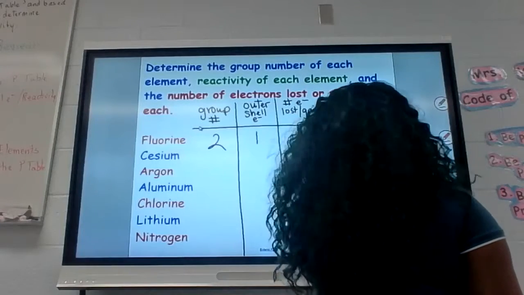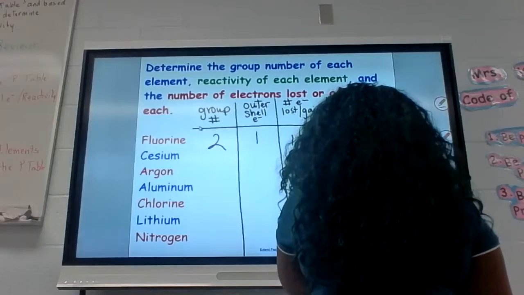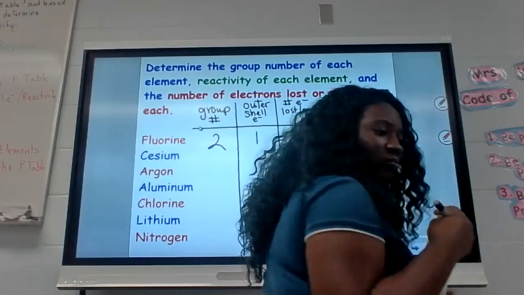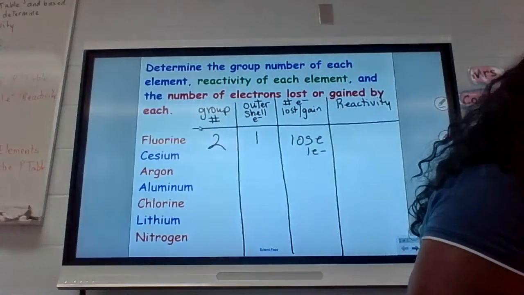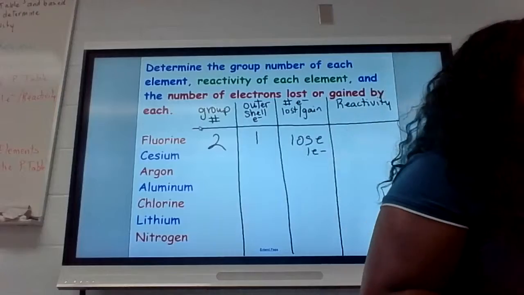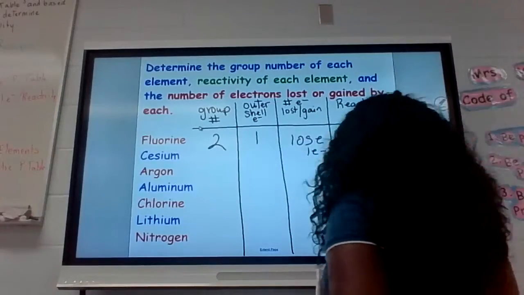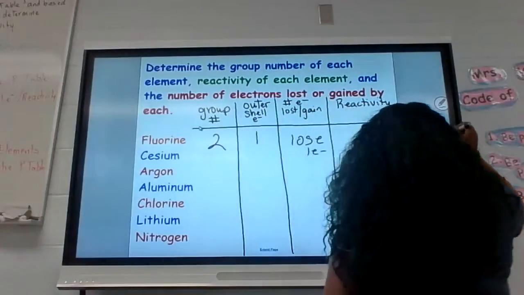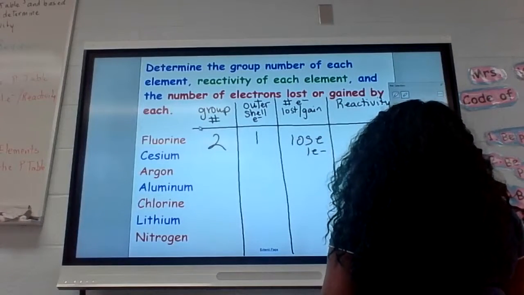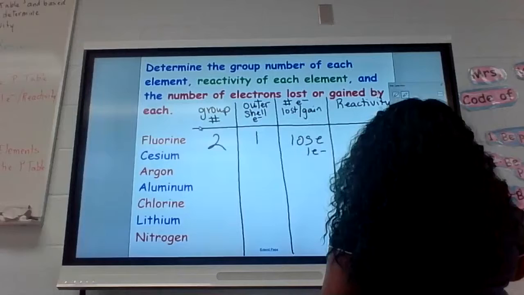It's on. All right, so you got group 2. It's not even group 2. Fluorine. 17. Okay, sorry, ignore that. Where's the eraser? You got to make sure you touch the red dot. Did you touch the red one?